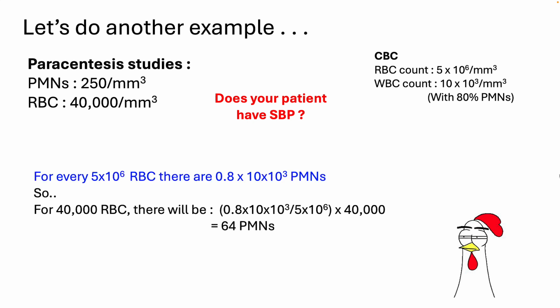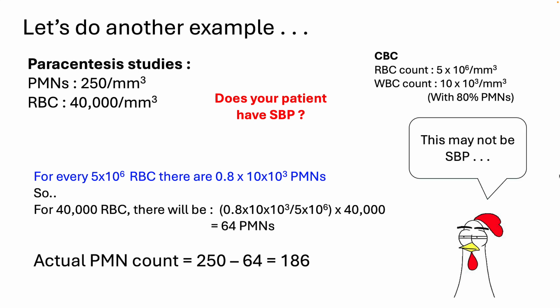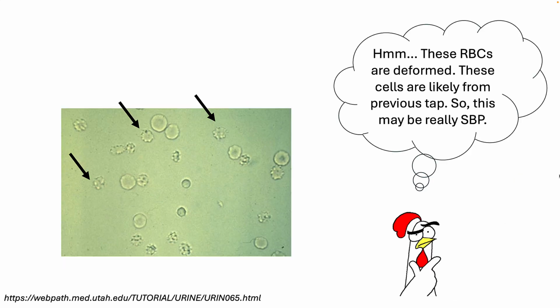So for every 5 million RBCs, there will be 0.8 into 10,000 PMNs. So for 40,000 RBCs present in the sample, there will be 64 PMNs. So the actual PMN count will be 250 minus 64, that's 186. So this patient may not have spontaneous bacterial peritonitis.